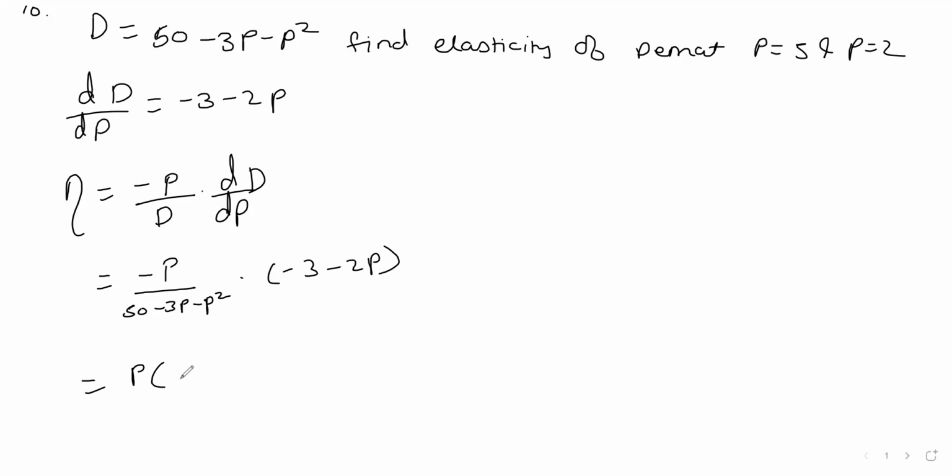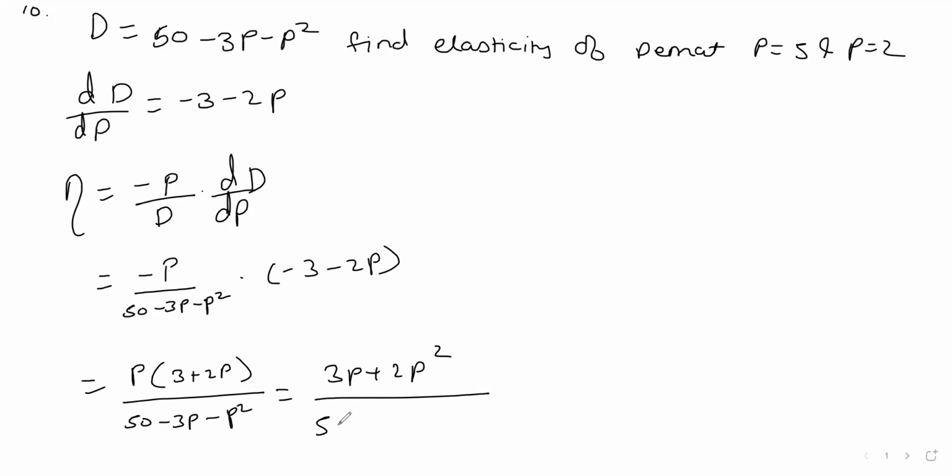So this will become P into (3 plus 2P) upon 50 minus 3P minus P square. If we multiply this inside, this is (3P plus 2P square), whole thing upon 50 minus 3P minus P square. This is your elasticity function. Now you want elasticity at P equals 5.